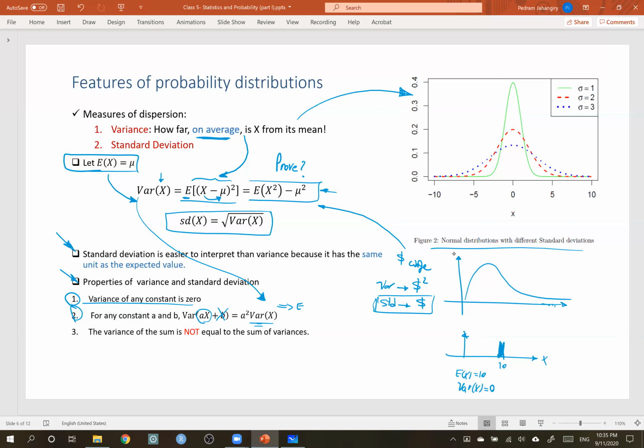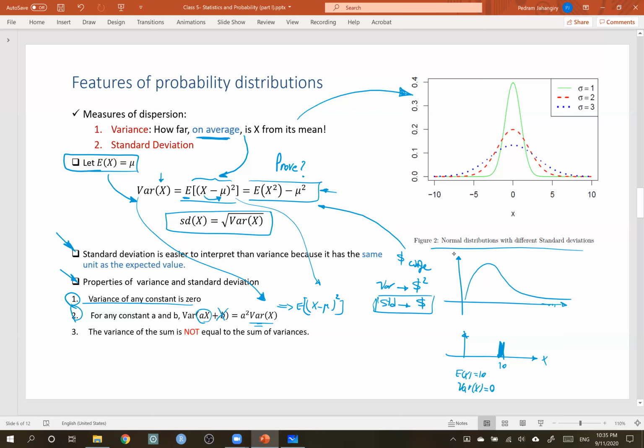Remember the definition of variance, for instance, we can use this one: the expected value of x minus mu to the power of 2. Now, if instead of x I write ax, then the average is going to have an a in it, because if I multiply a random variable by a, the average is multiplied by a.